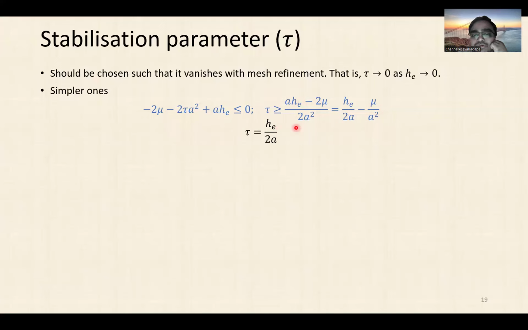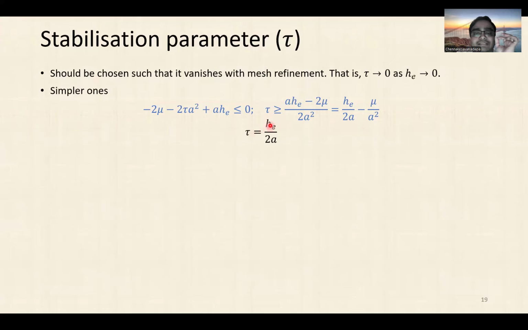If mu is 0, then we have the exact condition, right? Tau equal to h_e by 2a. If mu is greater than 0, then h_e by 2a minus mu by a square is going to be less than h_e by 2a. So h_e by 2a is always higher than h_e by 2a minus mu by a square for any non-zero mu.